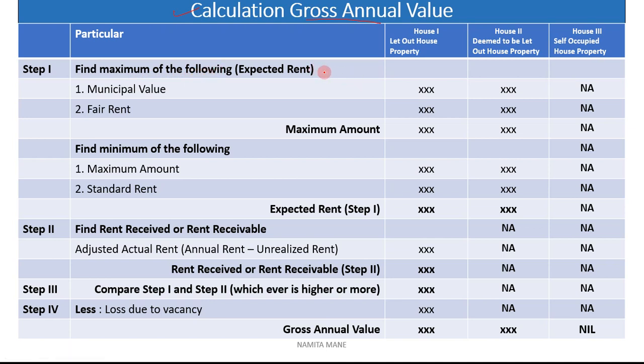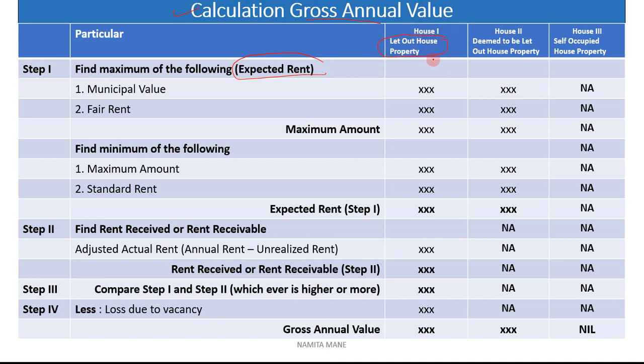So the first step is to find the expected rent. To calculate expected rent, first is municipal value, second is fair rent. This will be given in the question. First we are looking at let out house property.